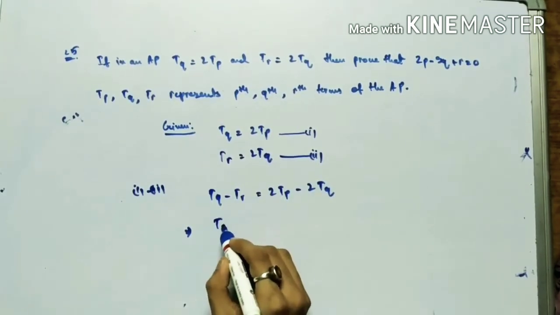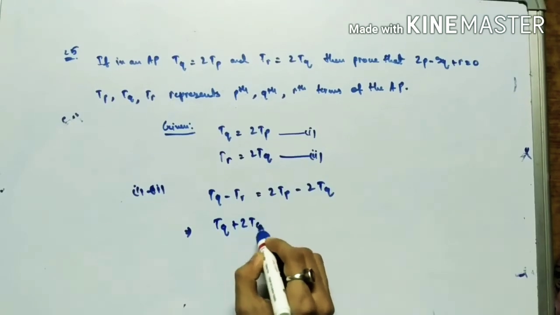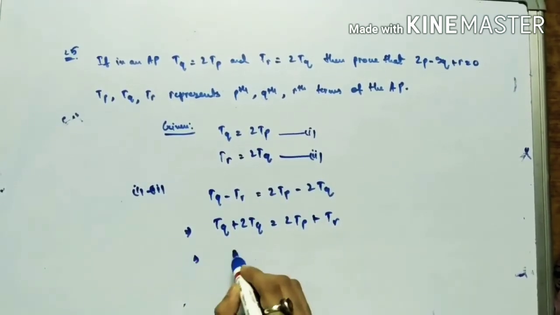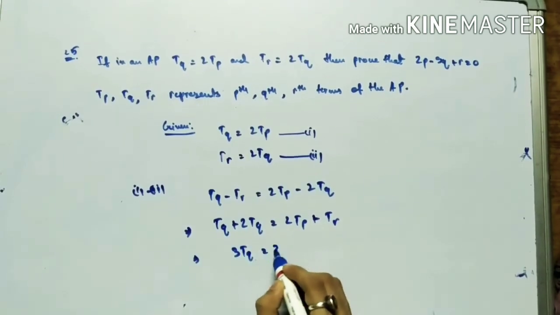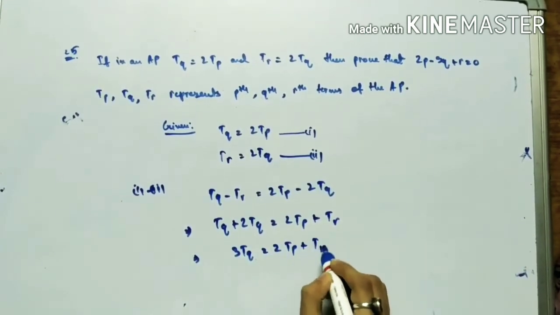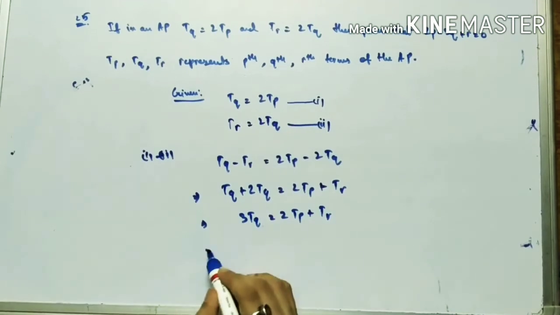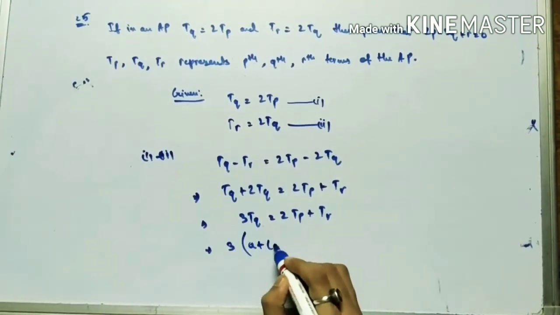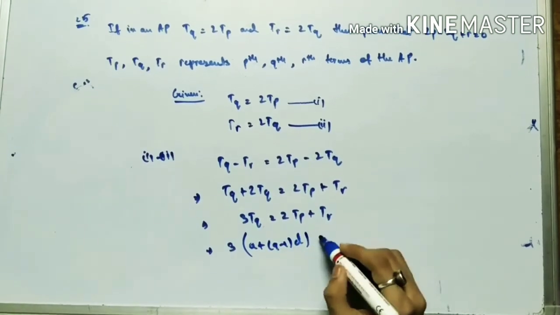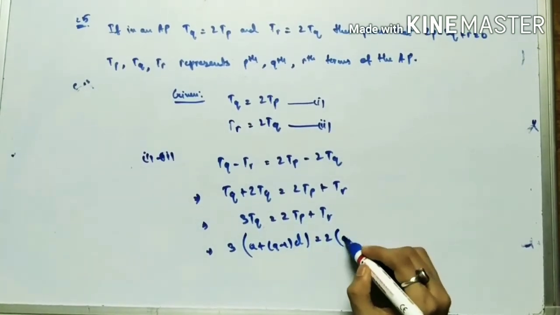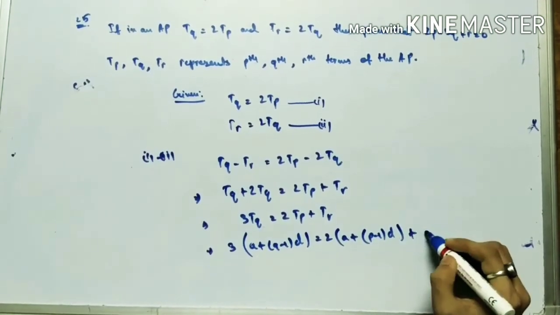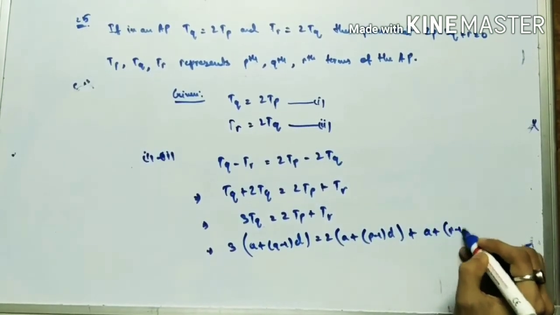This one, TQ plus twice TQ is equal to twice TP plus TR. So this becomes thrice TQ is equal to twice TP plus TR. So this one, thrice TQ, if I break it into formula, I will get A plus Q minus 1 D is equal to twice, this one if I break it into formula A plus P minus 1 D, and this one if I break it into formula A plus R minus 1 D.